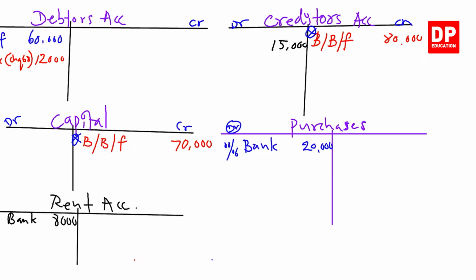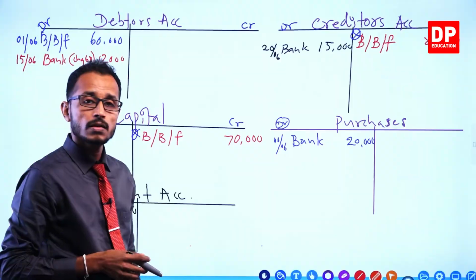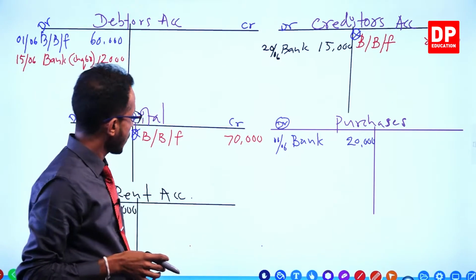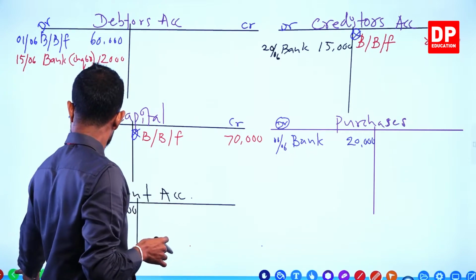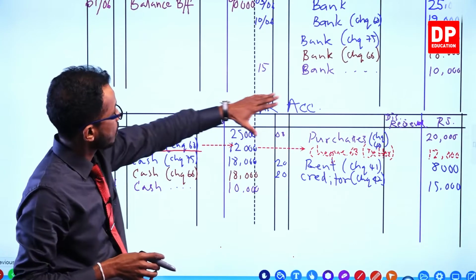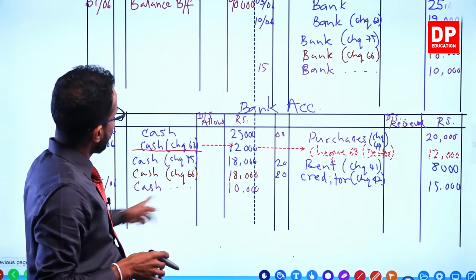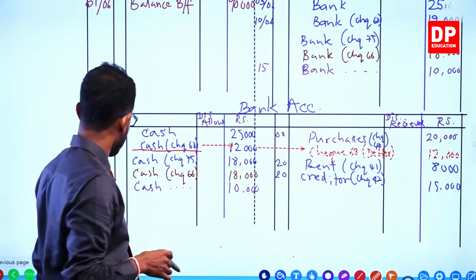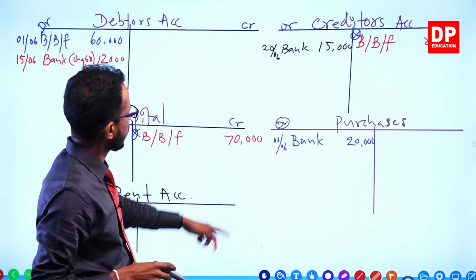$15,000 here. Description bank. Clear? Is it clear? Okay. Just check whether the double entries are correct. Bank account, credit; rent and creditors, debit.